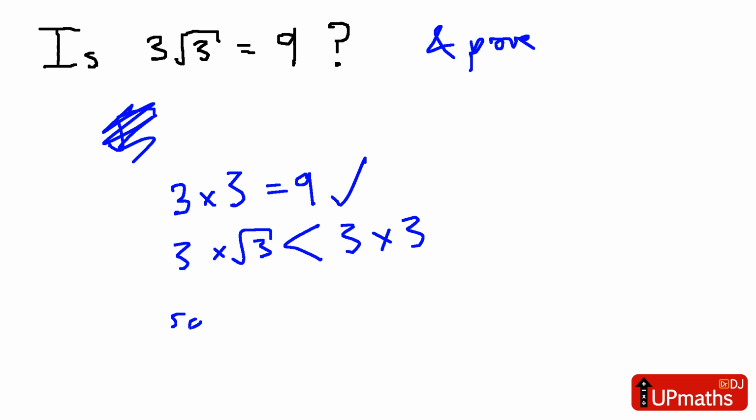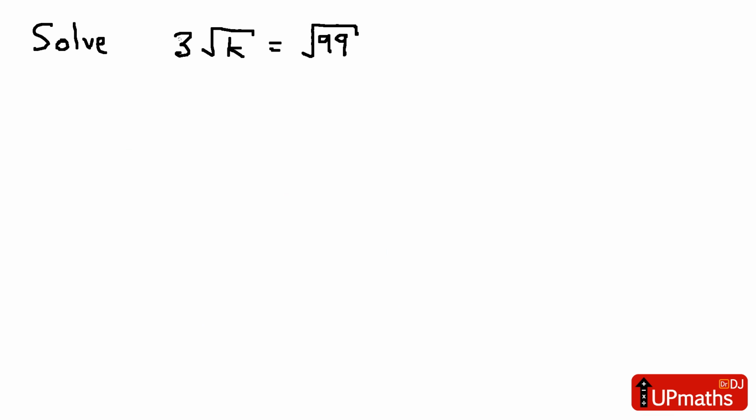So 3 times root 3 is not equal to 9. There you go, we proved it. But I'm sure you could have proved it different ways. It's a solve question. I call this a make both sides look the same question.